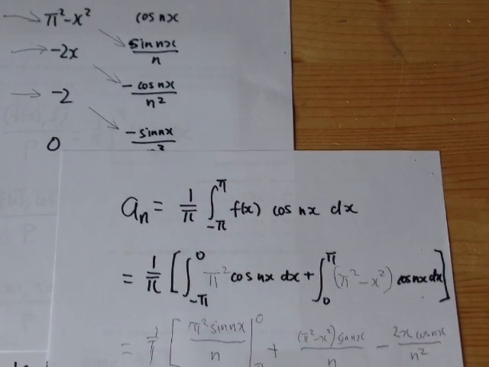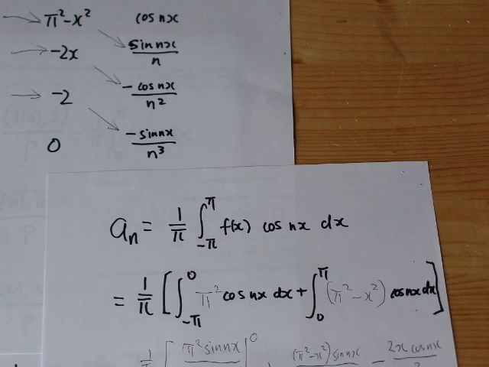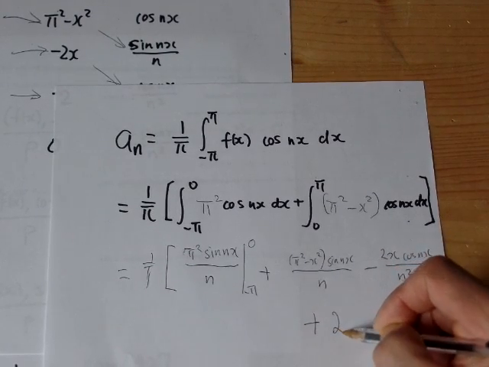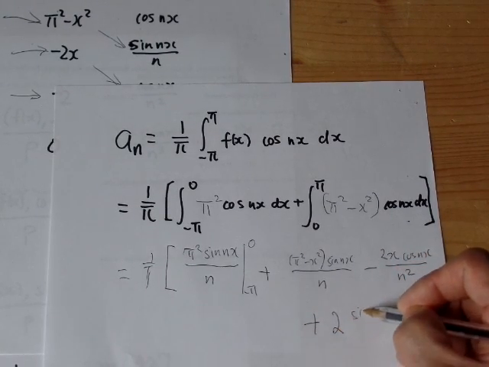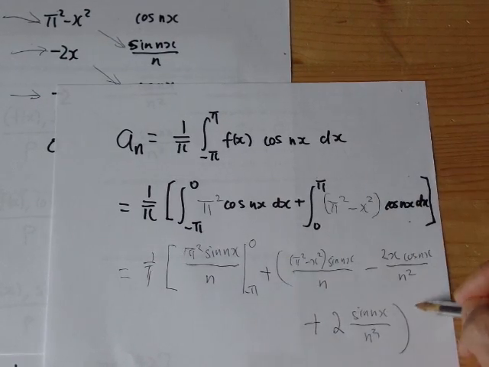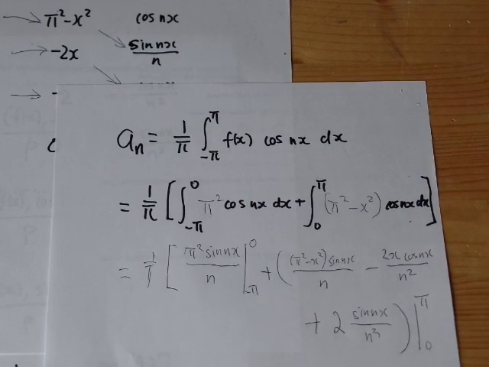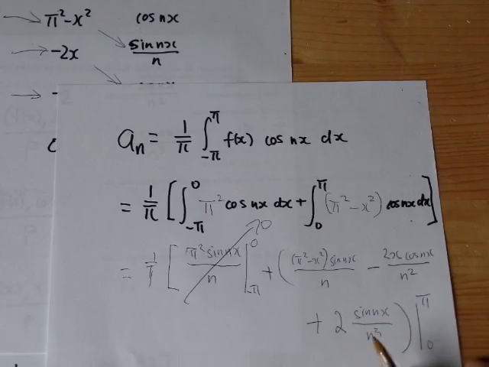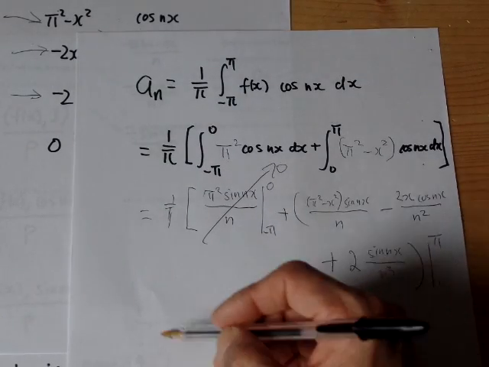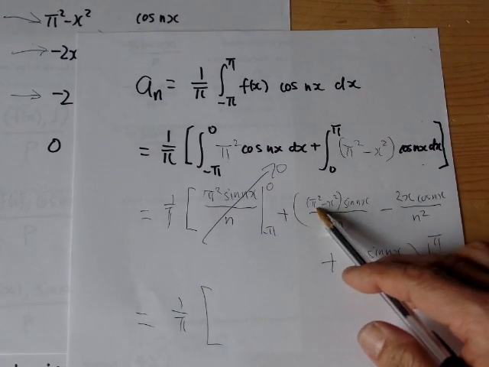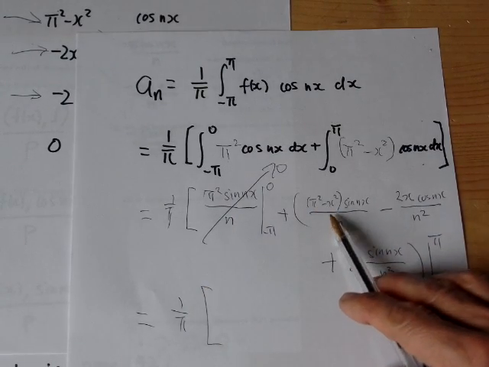And then you have to add one more term, which is plus 2 sine nx over n cubed. And both of them will go from 0 to pi. If we substitute the values inside, substituting pi inside, we are going to get 0 because pi squared minus pi squared is in fact 0.